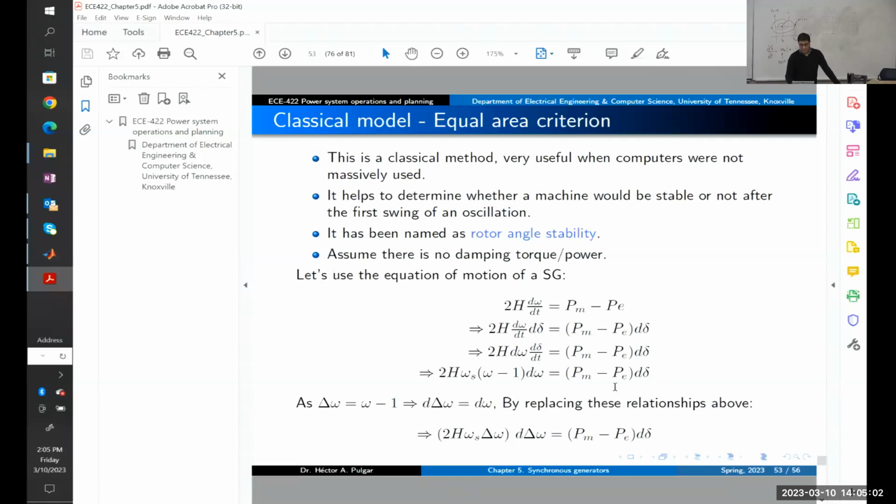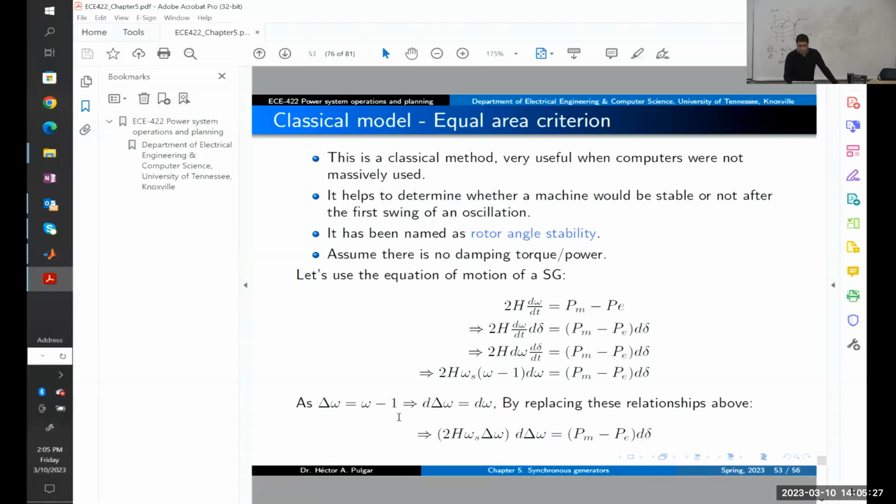Why is this so nice? Well, this must be true, and if somehow we can enforce this relationship at a very particular point in the trajectory of the machine, we will obtain a very nice outcome, and we will get there in a few minutes.